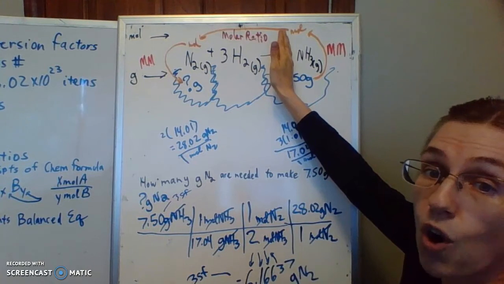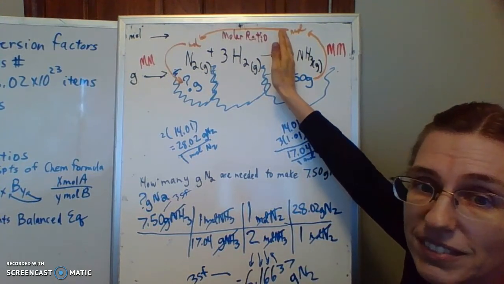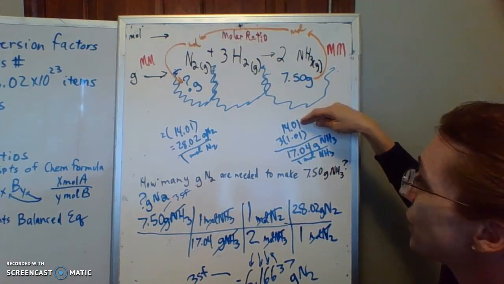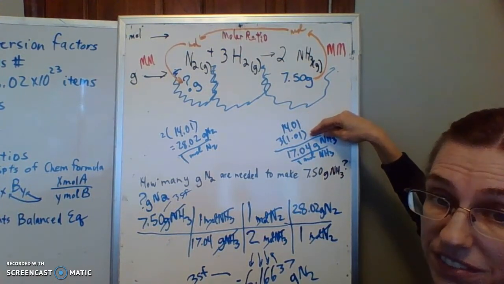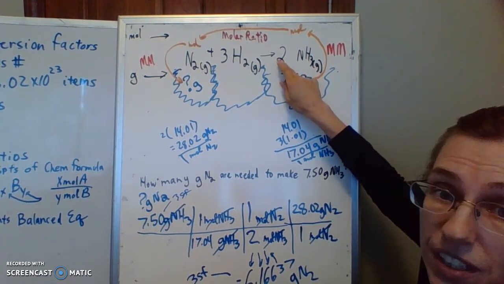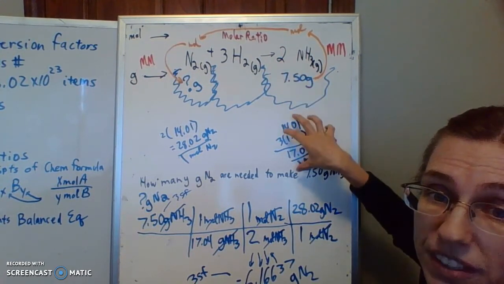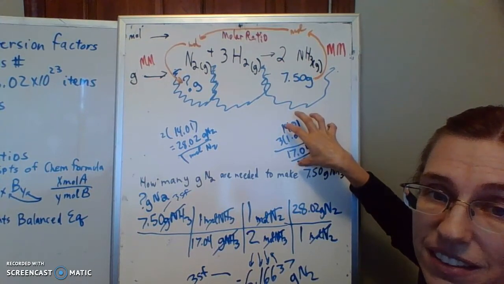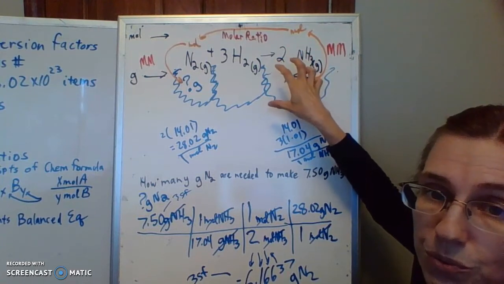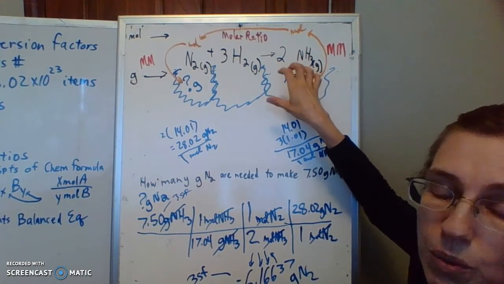Molar mass of ammonia is always going to be the molar mass of ammonia. So when I calculated this, I calculated 1 nitrogen and 3 hydrogens. So do not include the coefficient when you're doing molar mass. Molar mass is for the compound, has nothing to do with its position in the chemical equation.